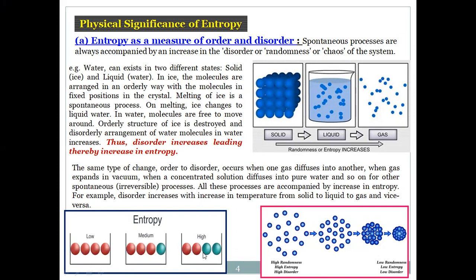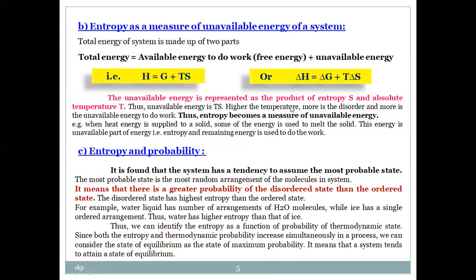If we add more of another liquid, then the disorder will increase and entropy will increase eventually. So high randomness, high disorder, high entropy. As we go towards the crystal or a higher order system, we get low randomness, low disorder, and low entropy. From these pictures, you can understand what entropy is.